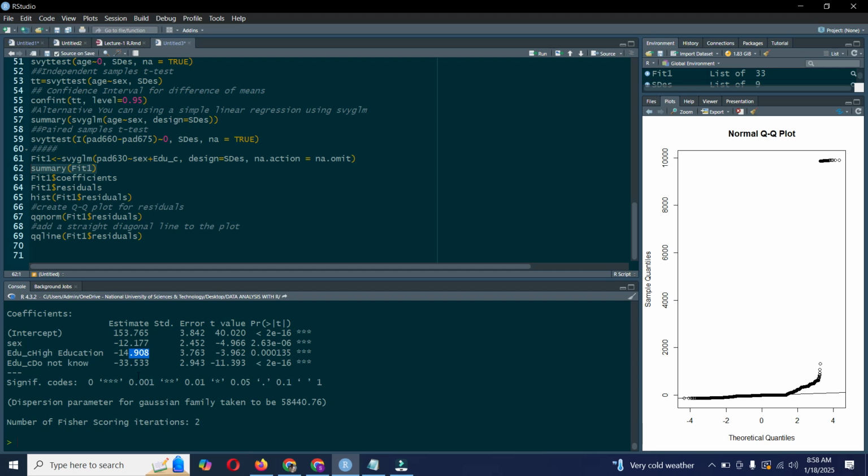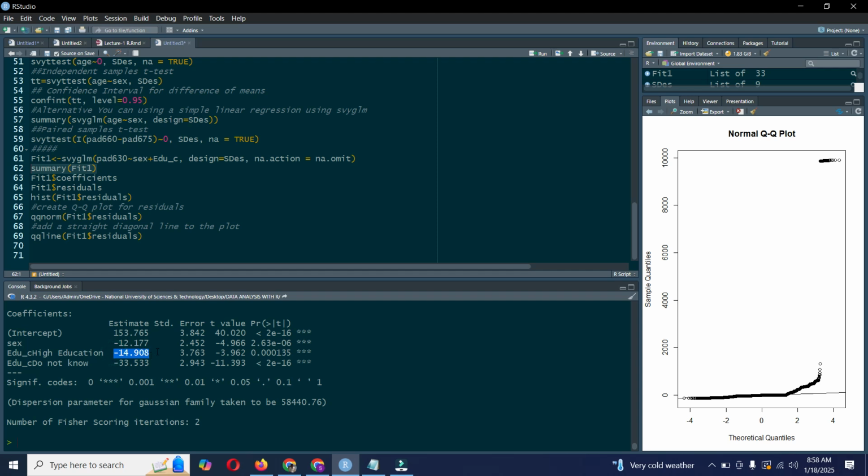We had three categories, so it is giving two categories. Basically, it omitted one category that is considered as the baseline category.